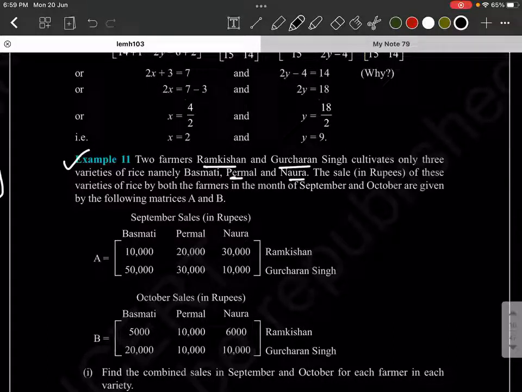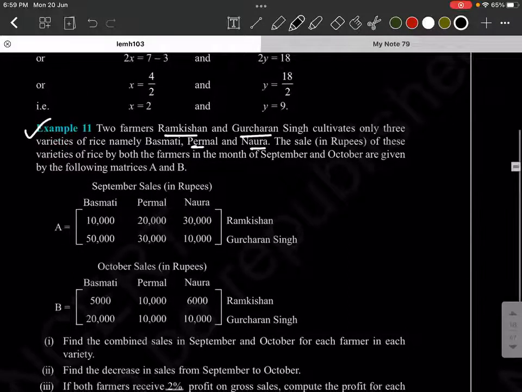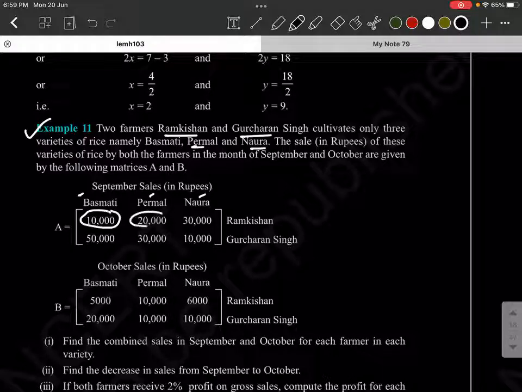The sale in rupees of these varieties of rice by both the farmers in the month of September and October are given by the following matrices. So A is equal to Basmati, in rupees, 10,000, 20,000, 30,000. For Gurcharan Singh, it is 50,000, 30,000, and 10,000.